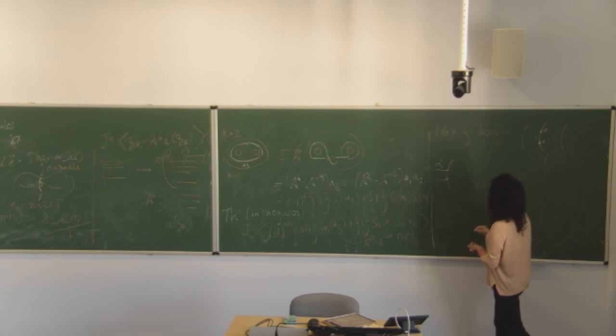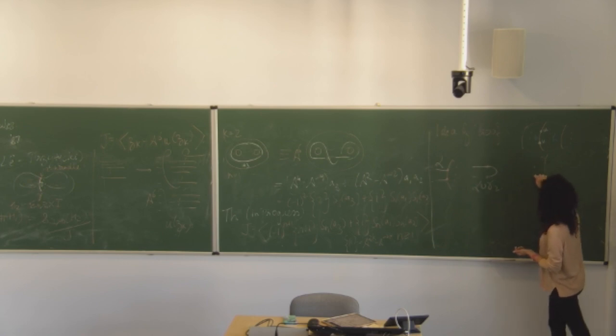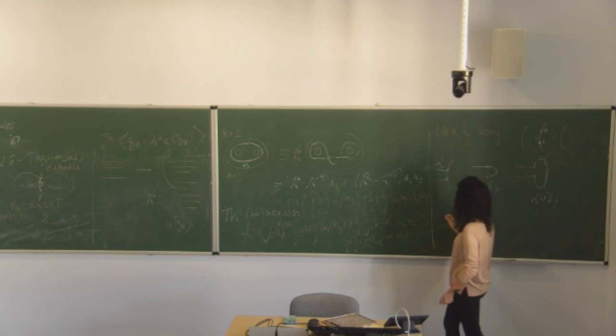Handle sliding is simply replacing this curve, which is alpha union gamma 2, with the curve alpha union gamma 1.